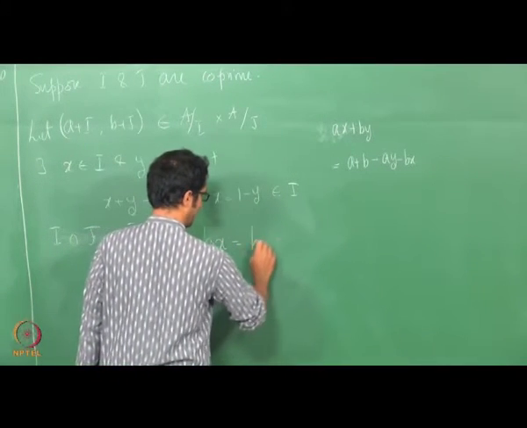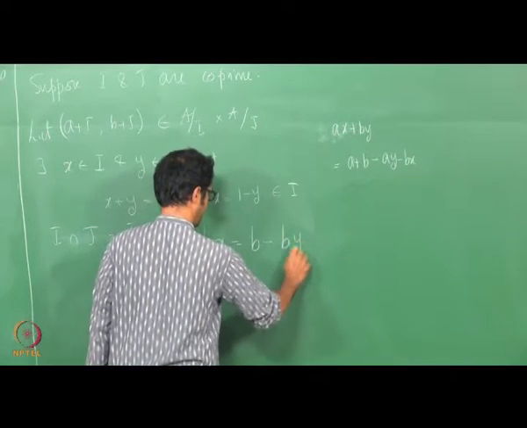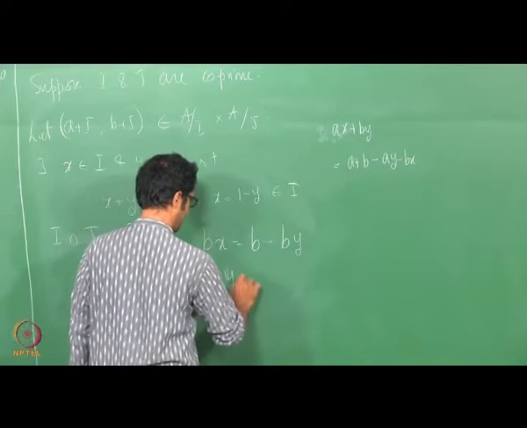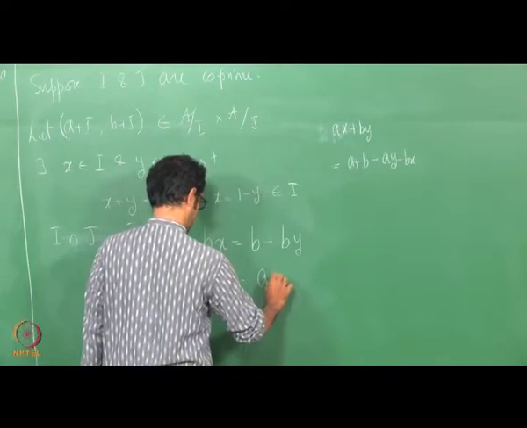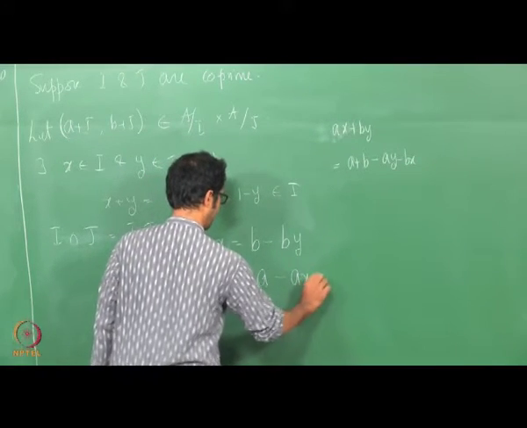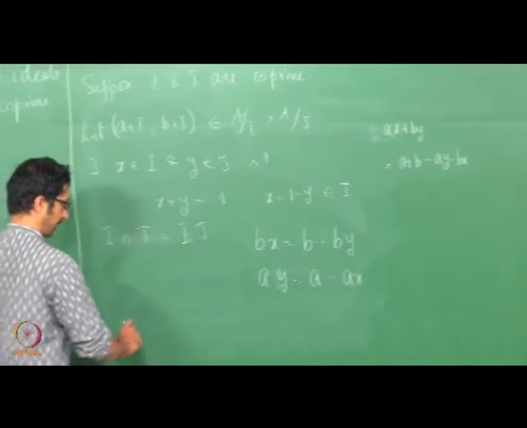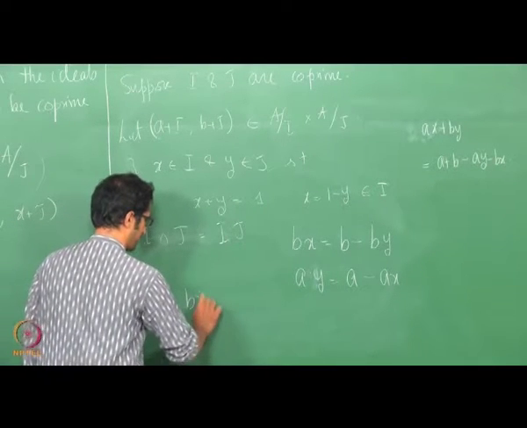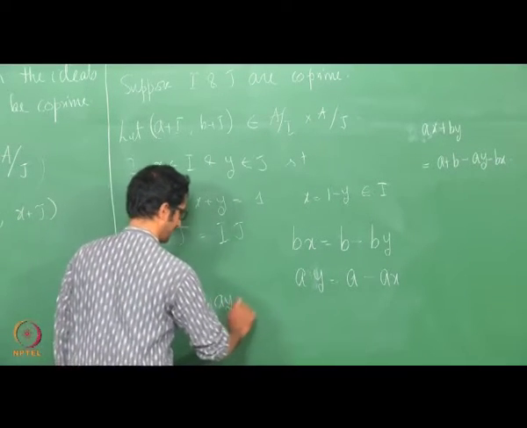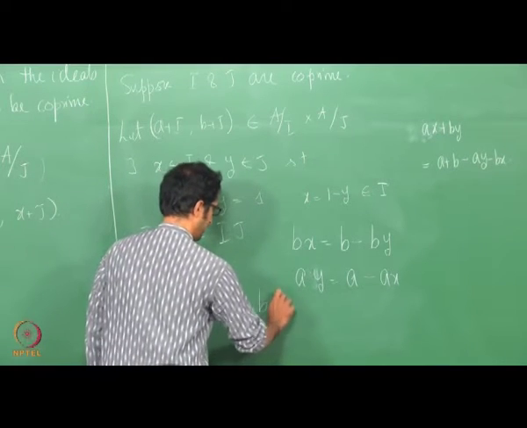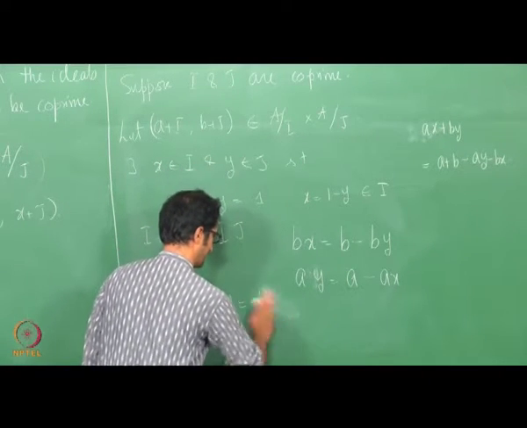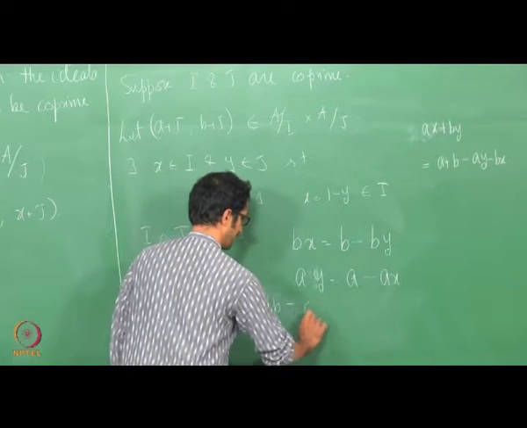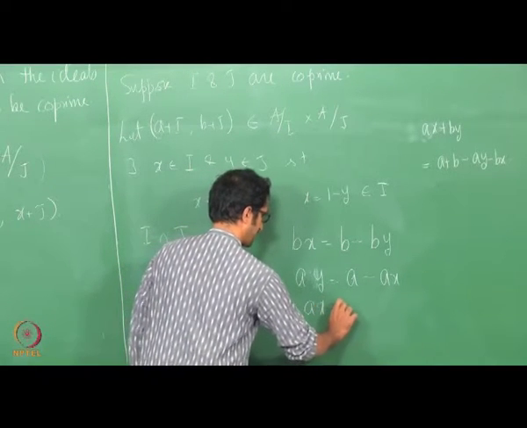So bx is b minus by and ay is a minus ax. So bx plus ay is b minus by plus a minus ax.